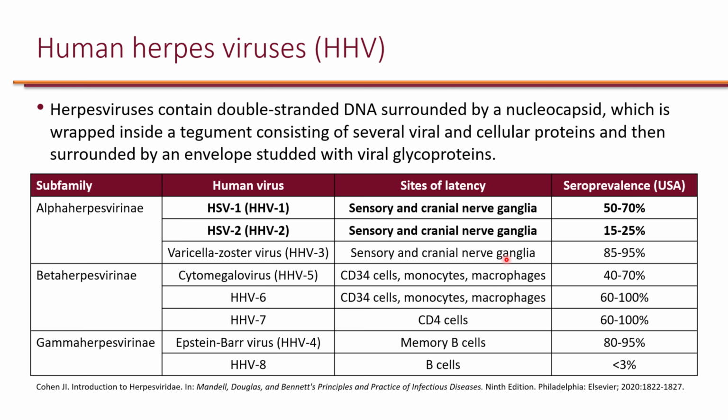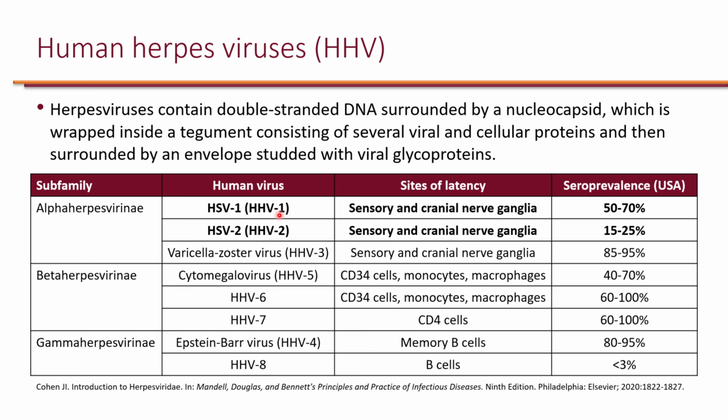Now, human herpes viruses are divided into three subfamilies, the alpha, beta, and gamma. Within the alpha family, we have herpes simplex virus 1 and 2. There are 8 of these human herpes viruses that infect humans.